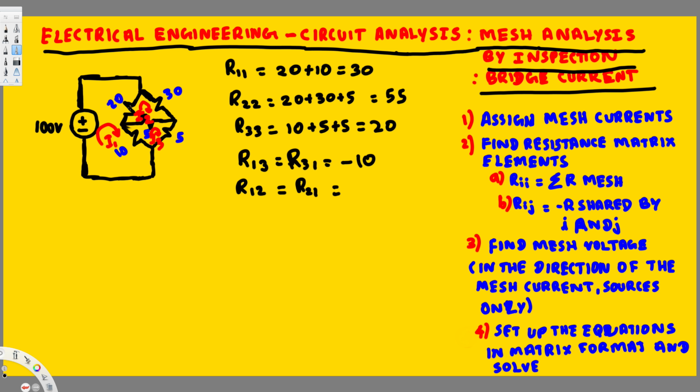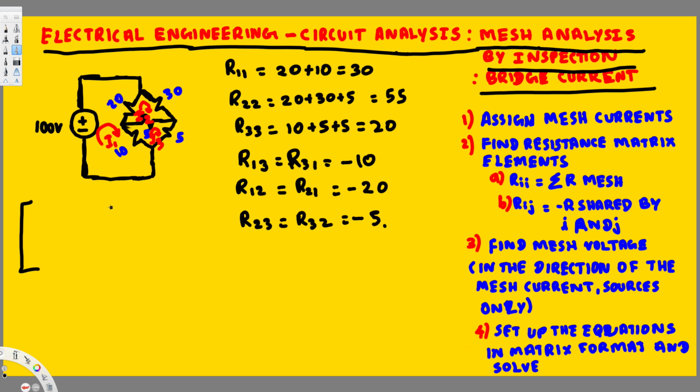And the resistance that's shared by both is 20, so this is going to be just minus 20. And I3 and I2 also sharing one resistance, that is 5, so we put R23 and R32, and that's equal to negative 5.